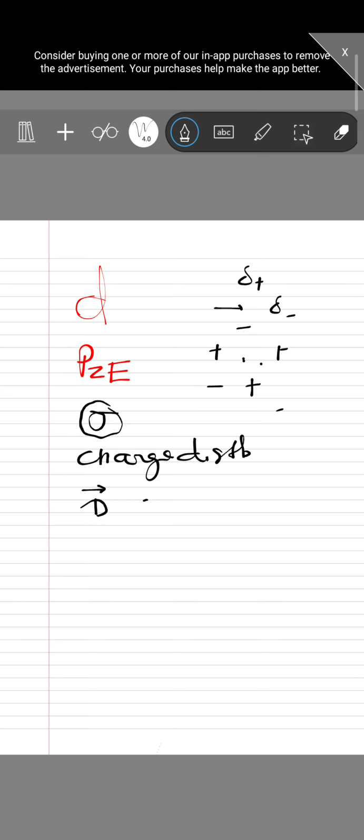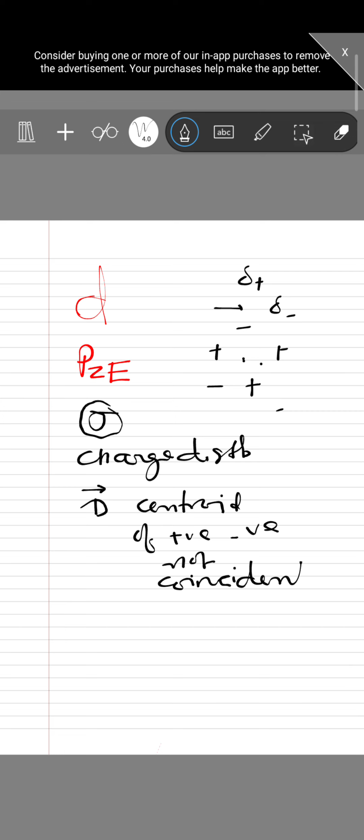The centroid of positive and negative charges in the dielectric changes and is not coincident. So this gives rise to localized polarization of the charge, which ultimately gives rise to the displacement current.